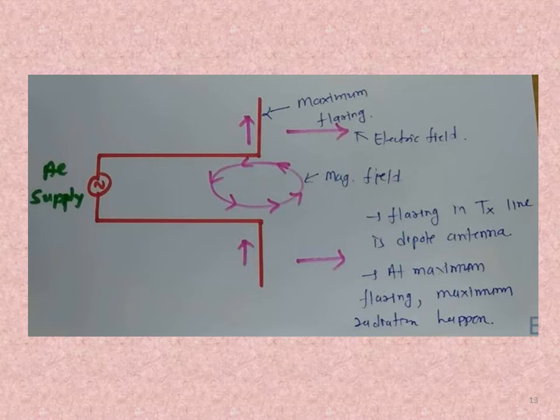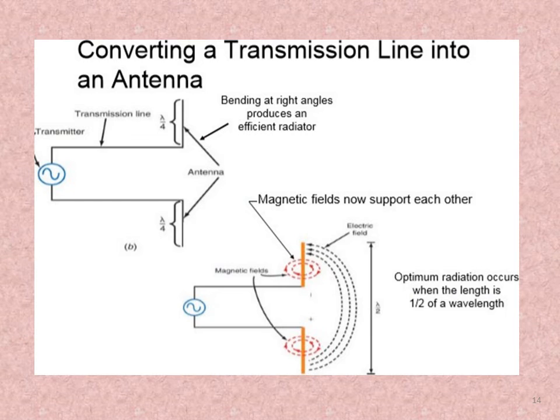From the positive end of this particular transmission line, this will be like a dipole, the top one and the bottom one acting as a dipole, and it will have the maximization. This is how the electric field will be moving: the field will move from the bottom to the top.